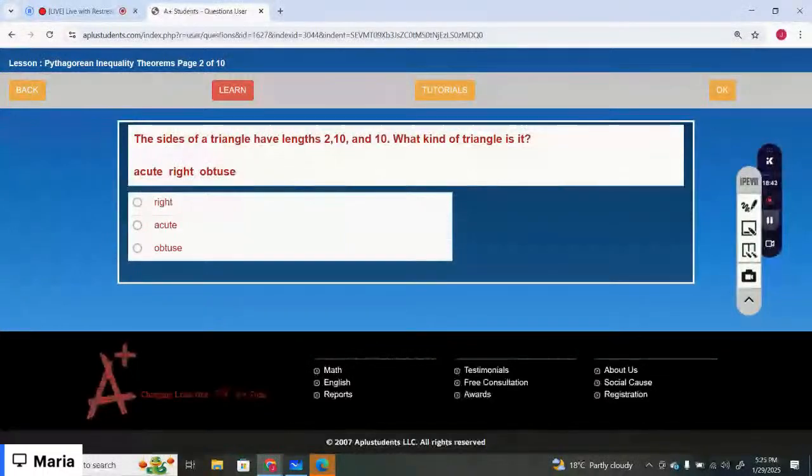The sides of a triangle have length 2, 10, and 10. What kind of triangle is it?